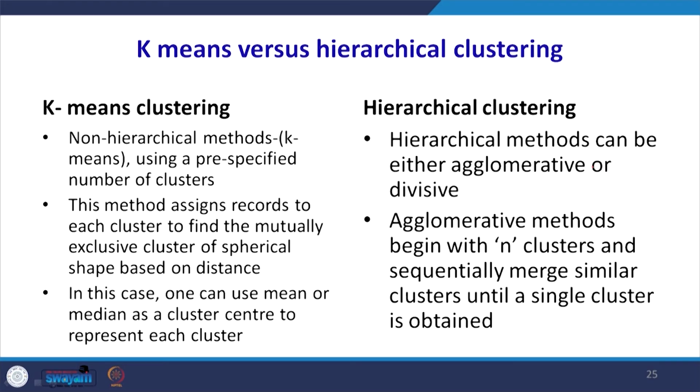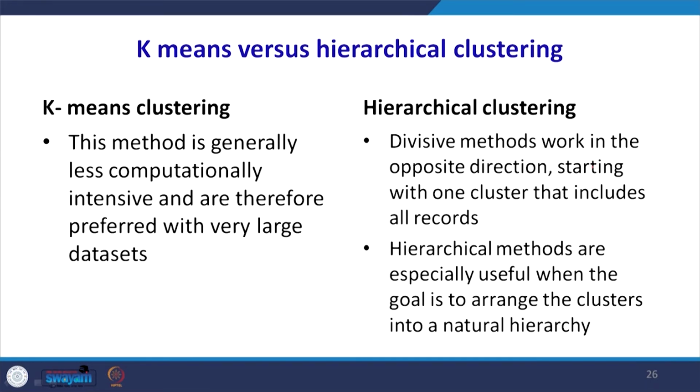In k-means clustering, one can use mean or median as a cluster center to represent each cluster. For hierarchical clustering, the method can be either agglomerative or divisive. The agglomerative method begins with n clusters and sequentially merges similar clusters until a single cluster is obtained.